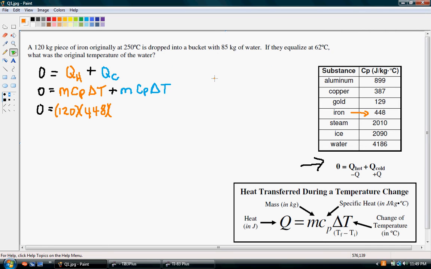If they equalize at 62 degrees, the final is going to be 62 degrees. The initial was 250. Notice 62 minus 250 is going to be a negative number. This guy is losing heat, which makes sense. He went from 250 degrees Celsius to 62 degrees Celsius.